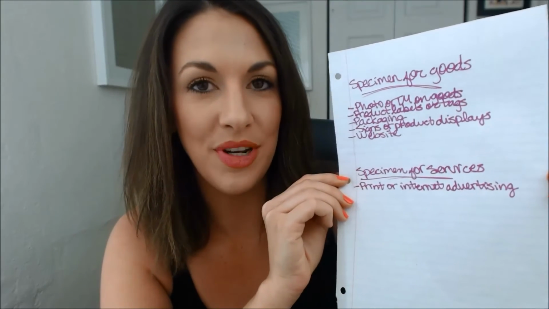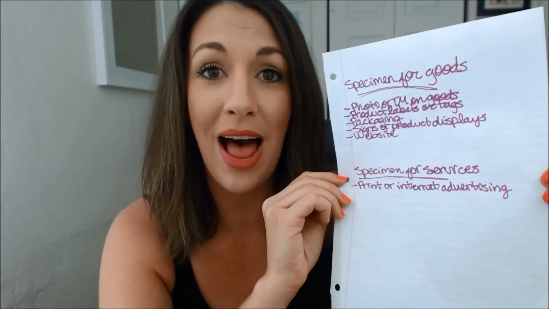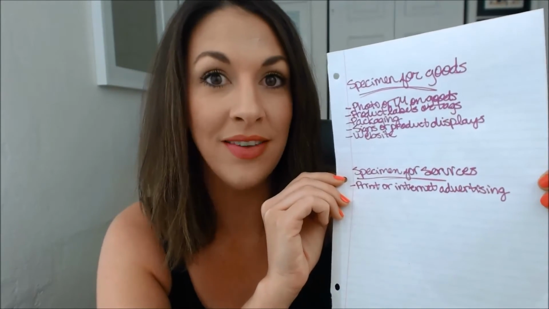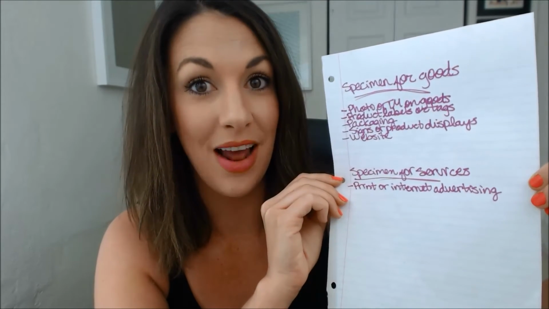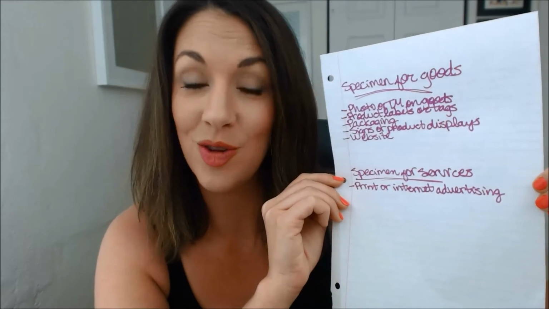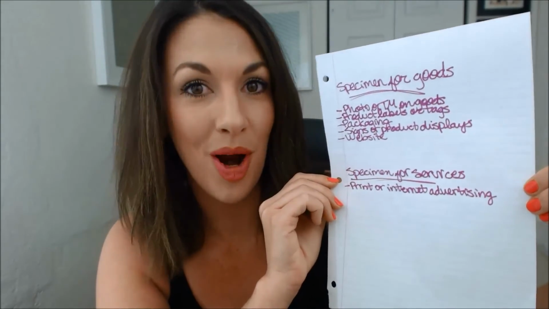Here are a few types of specimens that are good for service-based businesses. Advertising materials, whether printed or internet. So if you have brochures or flyers advertising your service and it shows the trademark along with the services that are being served and sold, that would be a great specimen for your service-based trademark.